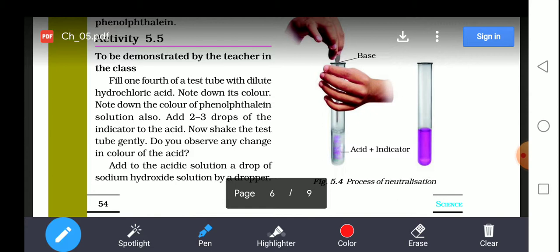What will you observe? Is there any change in color of the acid?